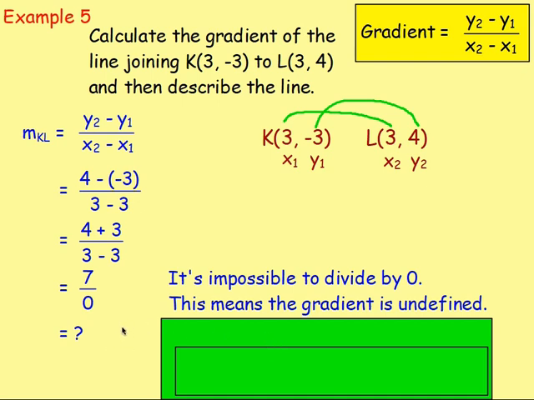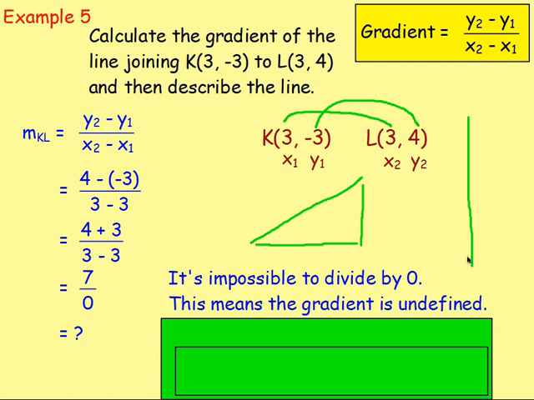It's an undefined gradient. Always remember what the gradient means: if you've got your line, it's the vertical distance divided by the horizontal, and it's a measure of the steepness. However, if we have just a vertical line to begin with, it's got 0 horizontal distance. So that's why we would have the length of the line divided by 0.